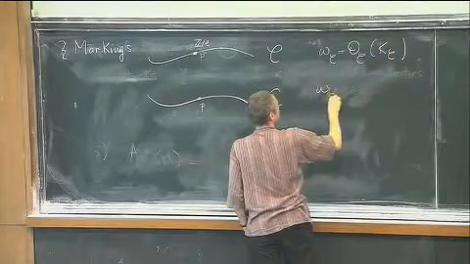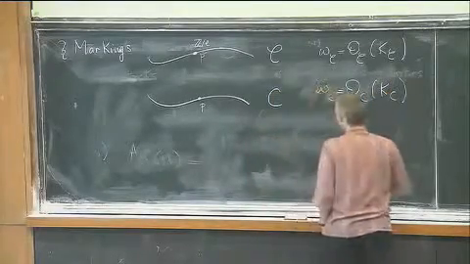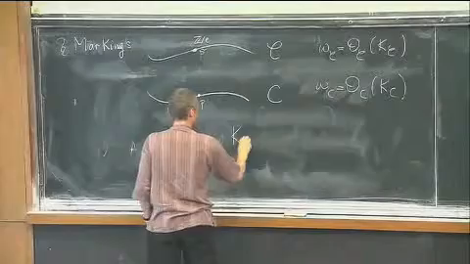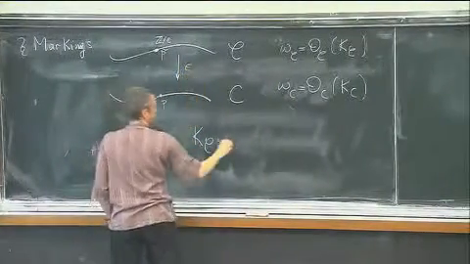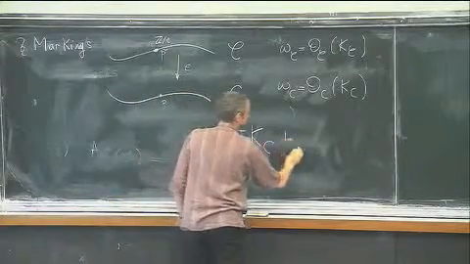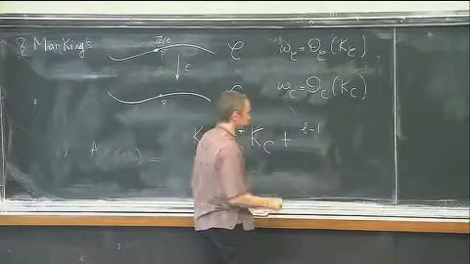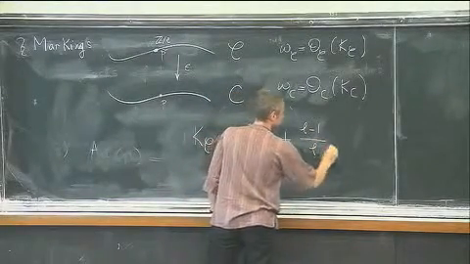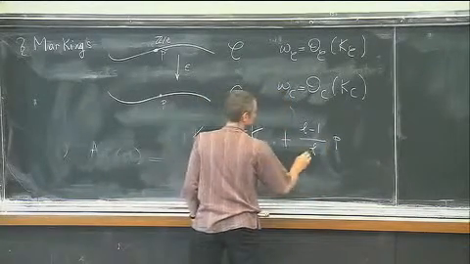I compare this to this, and I have a formula saying that Kc is the pullback via this map of Kc plus, as I told you, these divisors have a tendency to be rational, not integers. So, P.